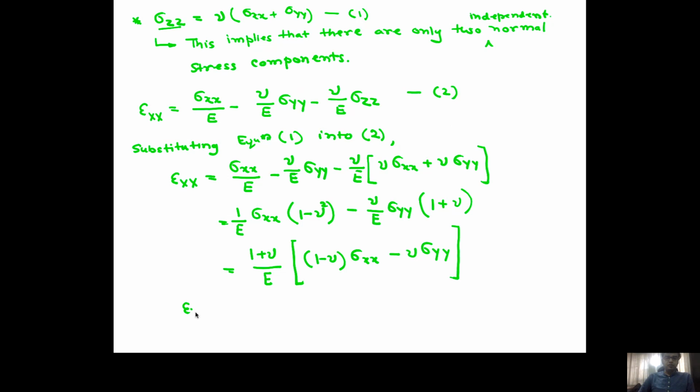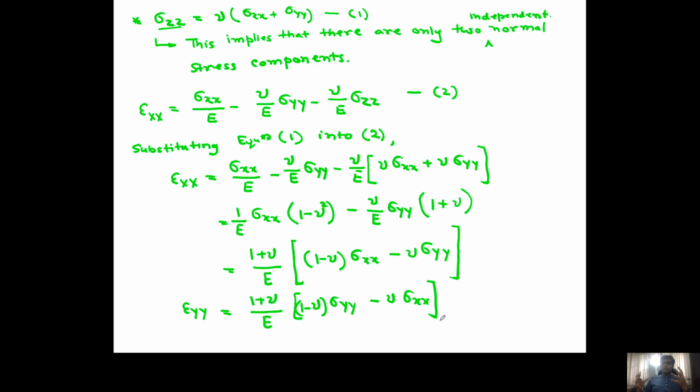Similarly, if we have epsilon yy, that will look something similar, which is 1 plus nu by E, and then you will have 1 minus nu sigma yy minus nu sigma xx.